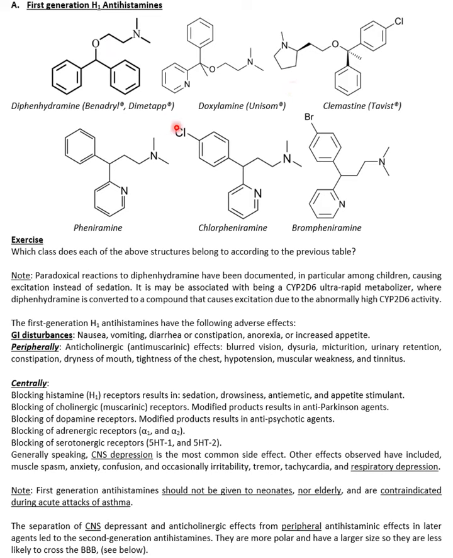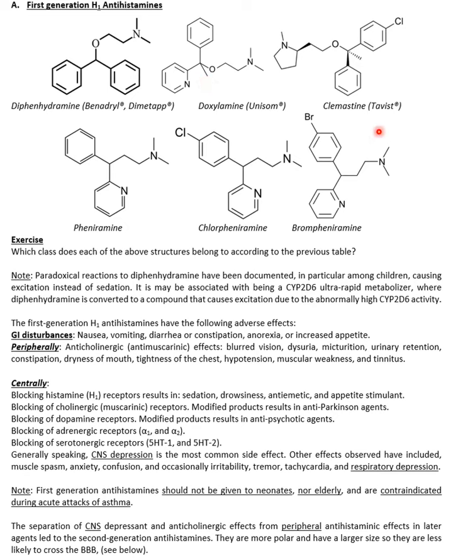So examples of the first generation antihistamine are the commonly named Benadryl or the diphenhydramine, and then you also have the doxylamine. And in fact, these 2 are used not only for allergic reactions, but they can also be used as sleeping aid medications. In fact, doxylamine is provided and is given under the brand name Unisom, which helps in sleeping.